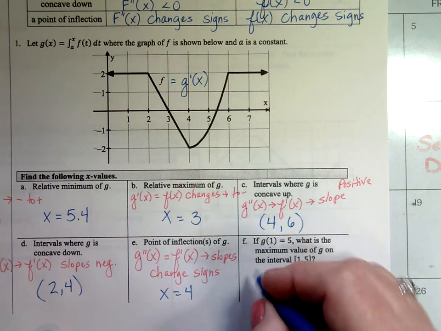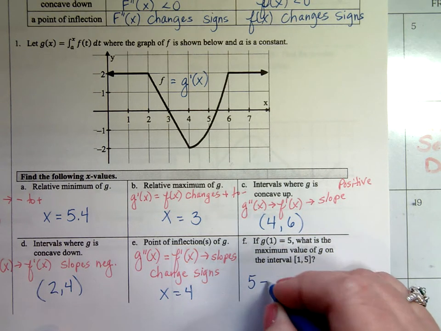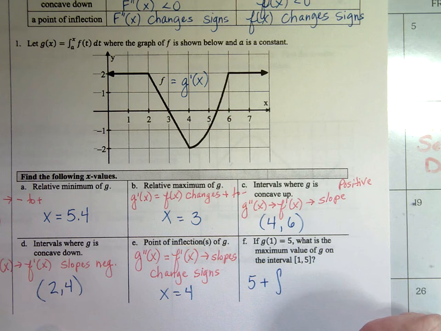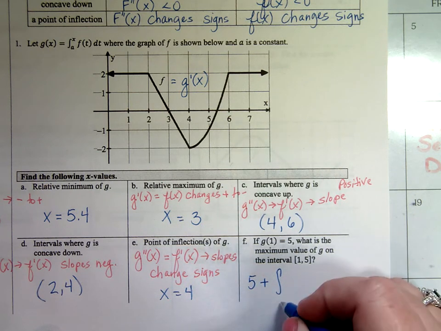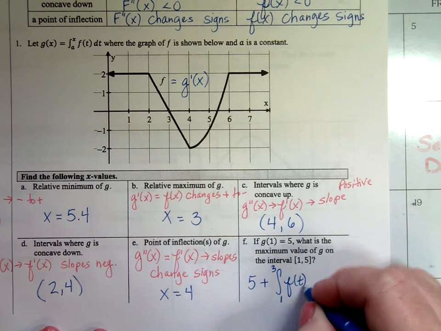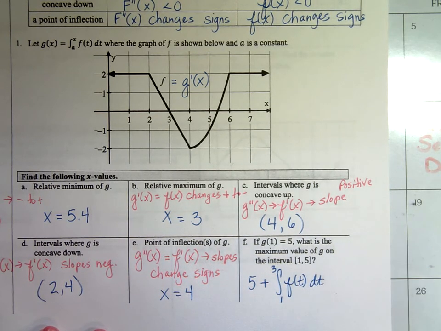At 1, it's 5. And you're going to add on the integral from 1 to 3. Now I'll talk to you about why that's 3 in just a minute, of f of t dt. I want to find the maximum value.